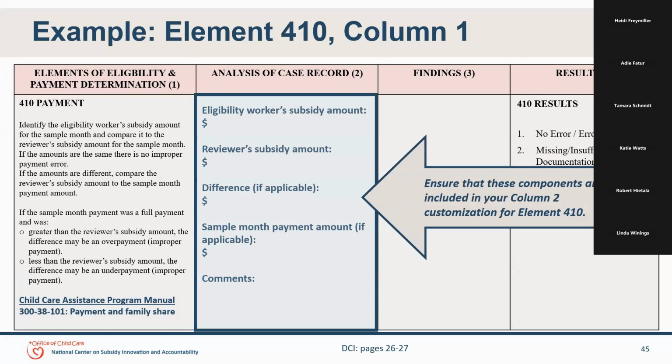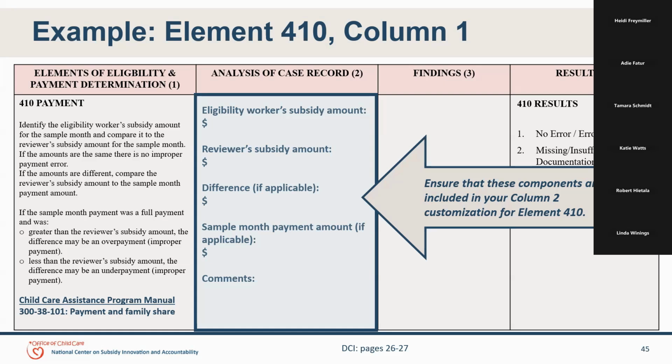And in column 2 of 410, we're really looking for a few specific things here. You have a lot of flexibility in creating your worksheet, but in this particular element, we do always want to see these components: a place to record the eligibility worker subsidy amount, the reviewer subsidy amount, the difference between the two if there is one, as well as the sample month payment amount.